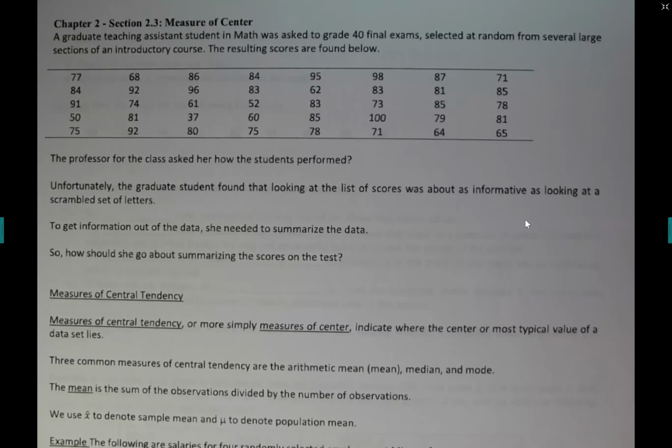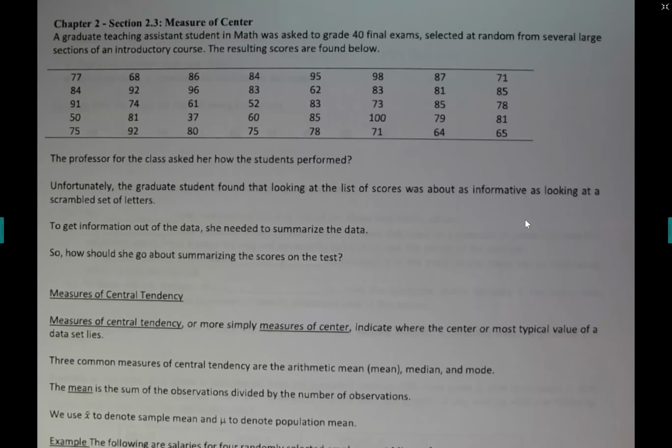So why do we need to learn about the measures of center? I've put this statement right here. A graduate teaching assistant in math was asked to grade 40 final exams selected at random from several large sections of an introductory course. And these are the 40 exams.